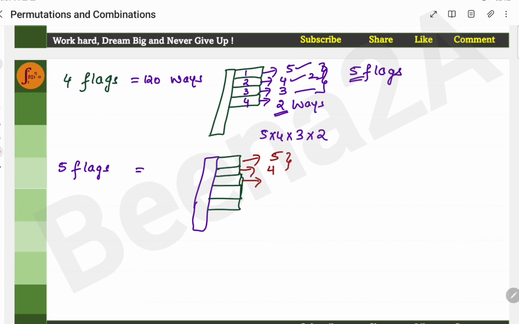Third one, I have already chosen 2, so I have 3 left. Then for the fourth one, out of 5, 3 are chosen, so I am left with 2. Last one, out of 5, 4 are chosen, so I am left with 1. So I'll have to multiply 5 into 4 into 3 into 2 into 1, which is nothing but 120.